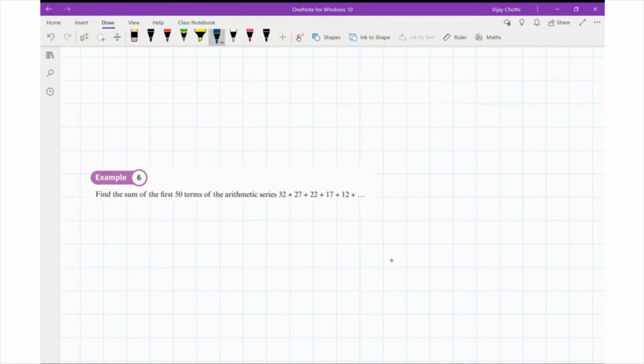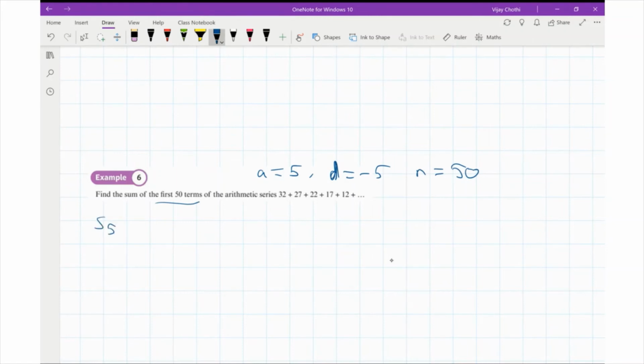It's going down by 5. a is 32, d is going down by 5, so d is minus 5. n is 50 terms. So I'm summing the first 50 terms of that series, so if you want the notation, S50.